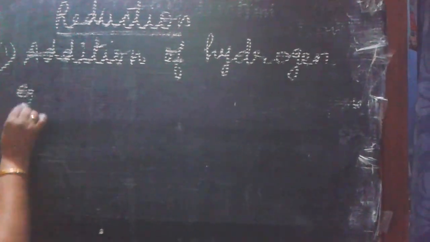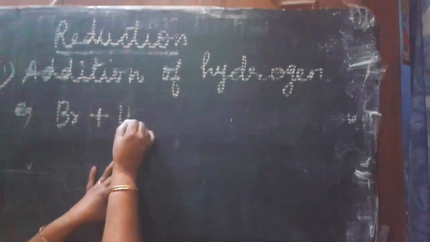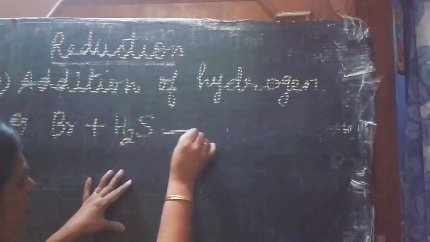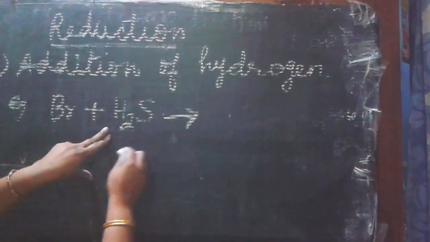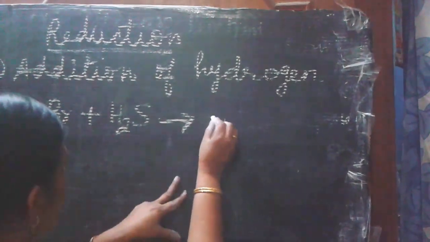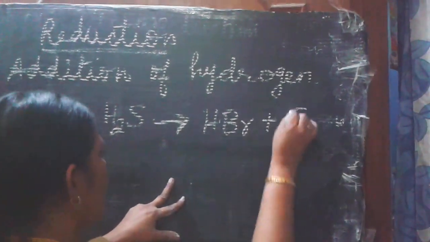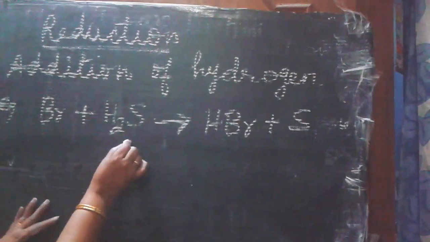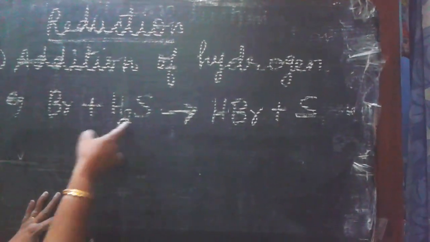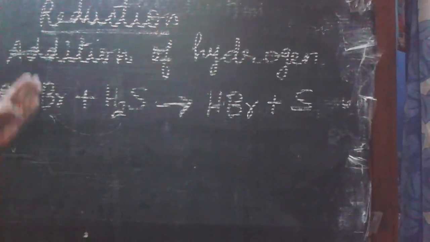For this, which example can I give? If bromine is passed through hydrogen sulfide, then you will get hydrogen bromide and sulfur comes out. So here, hydrogen sulfide is adding hydrogen to bromine. So that is addition of hydrogen.